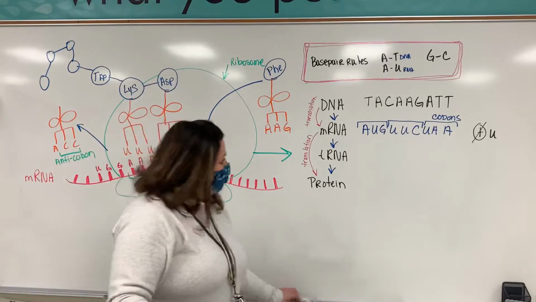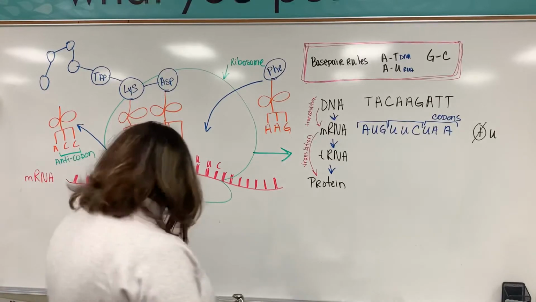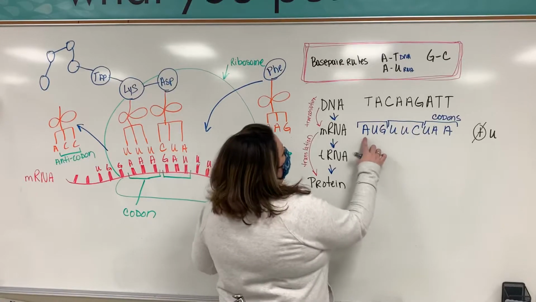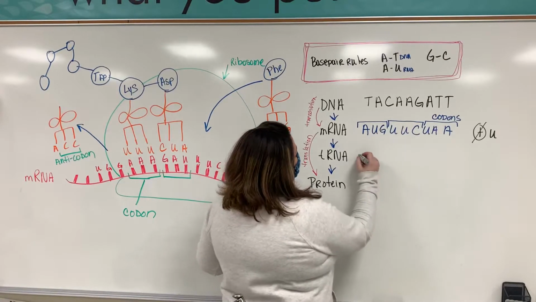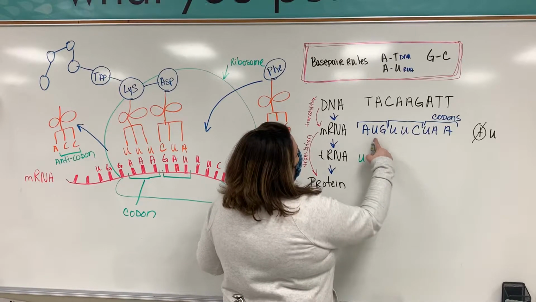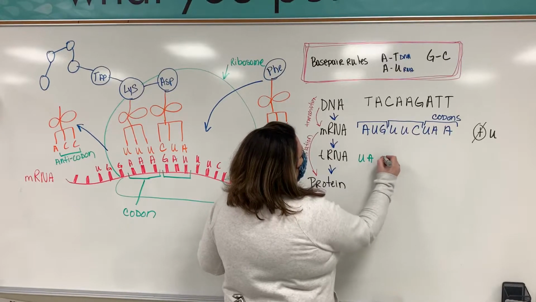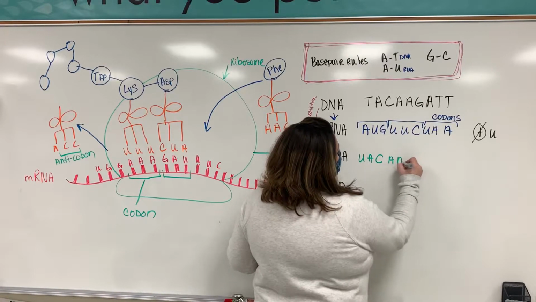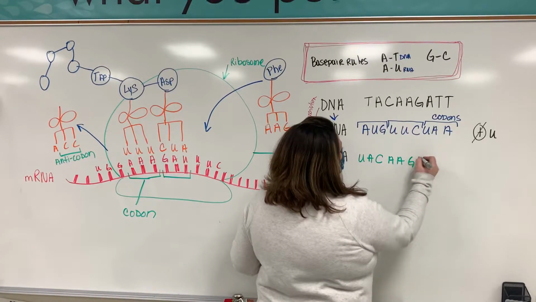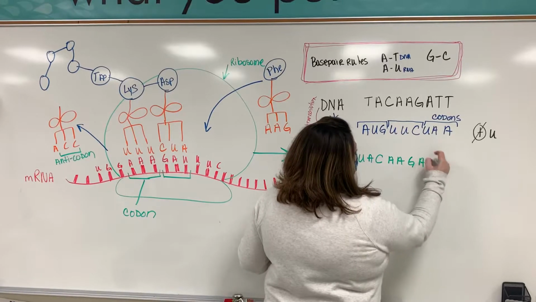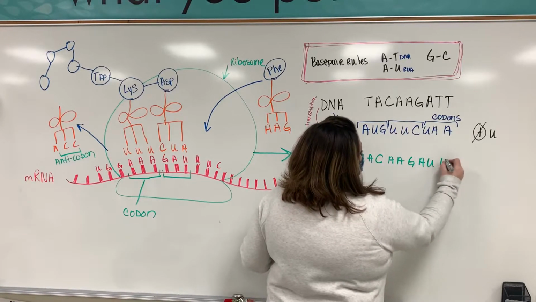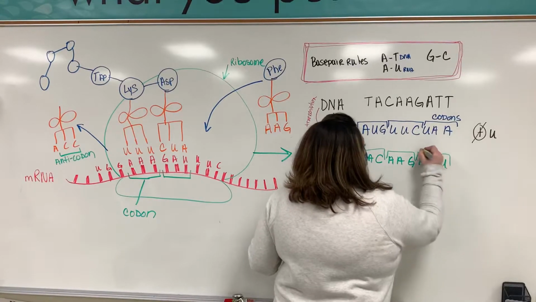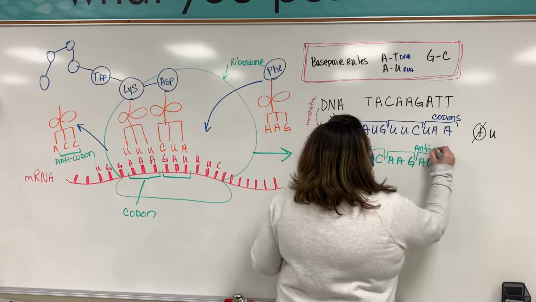Let's do green here. If I have an A here, I'm going to have a U on my anticodon. If I have a U here, I'm going to have an A. G, C. U is going to be A, C is going to be G, U is A, and A's are going to be U. Okay, so these are the tRNAs with their anticodons.